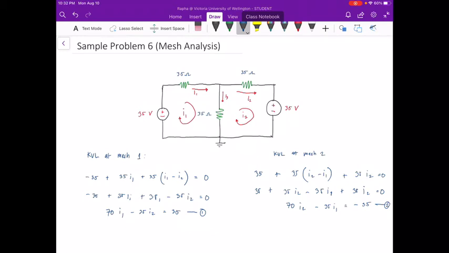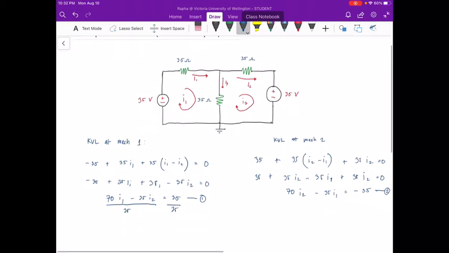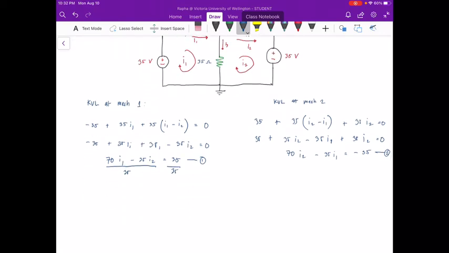Dividing both sides by 35, we have 2I1 minus I2 is equal to 1.